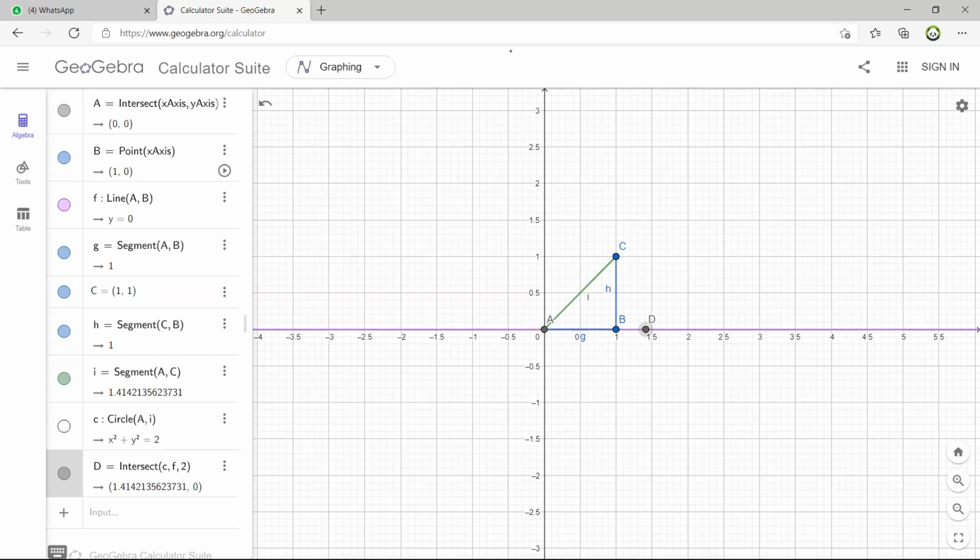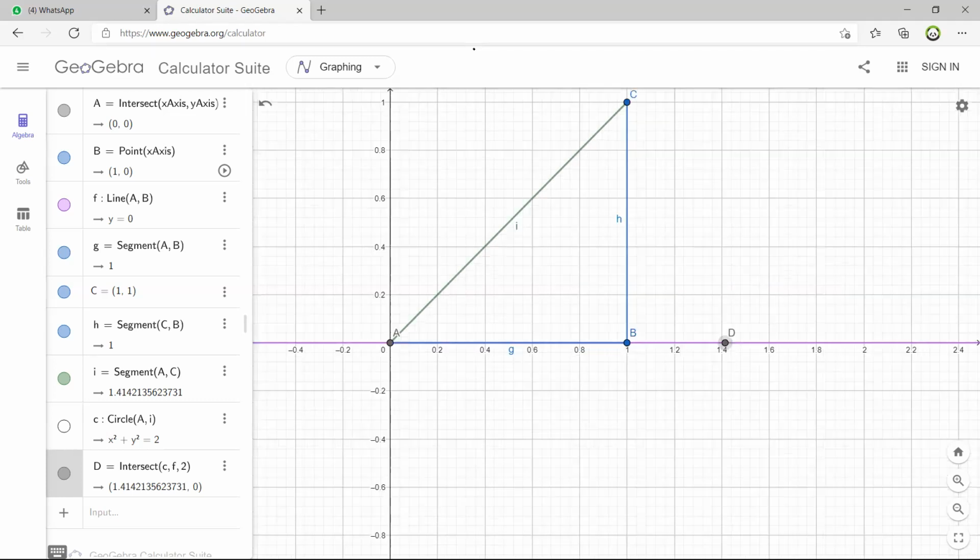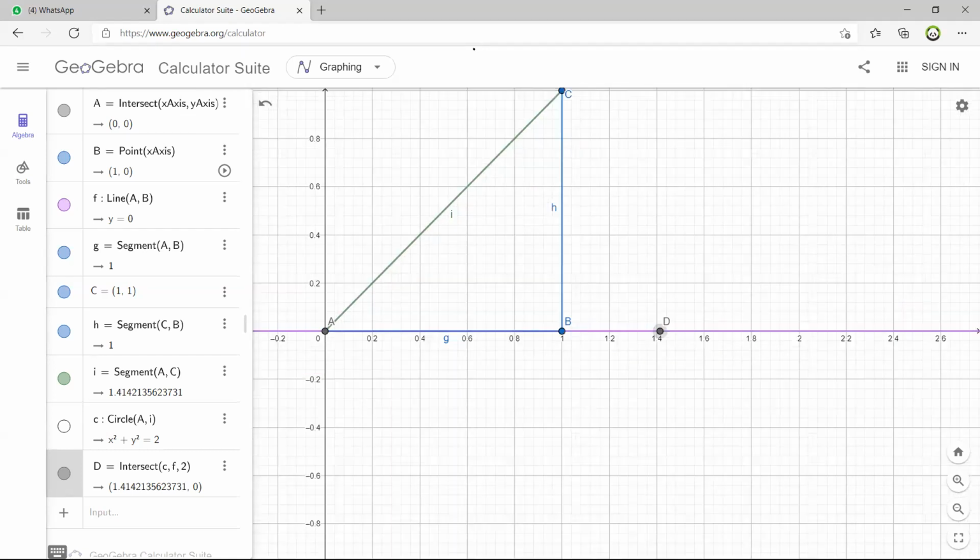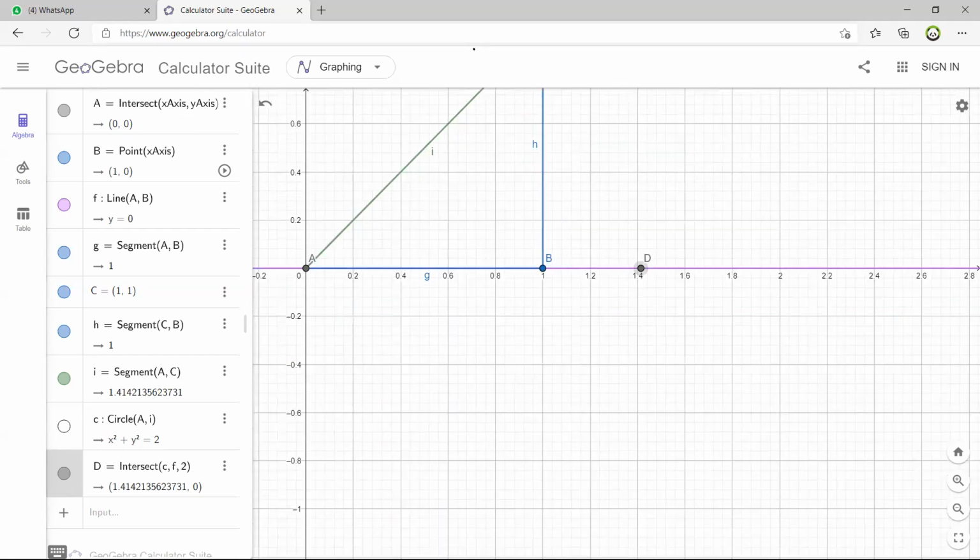Now let's see where root 2 lies. Over here, it looks very close to 1.5, doesn't it? Now, if I zoom in, I see that it's so close to 1.4, but it's not exactly 1.4.